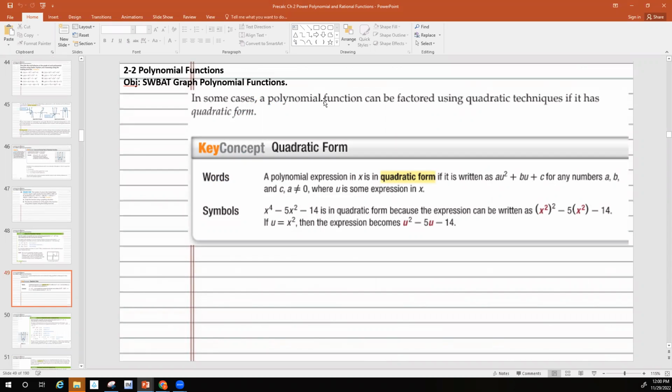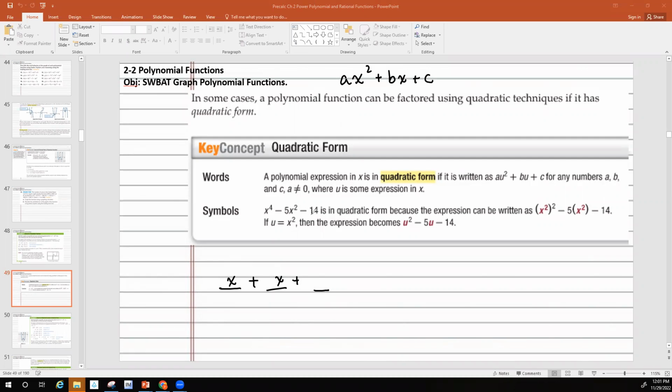Then we're also going to look at quadratic form. So you saw this in Algebra 2 already. Quadratic form is when you have a polynomial with three terms. Remember quadratic, the standard form is going to be something x squared plus something b, something x plus a constant.